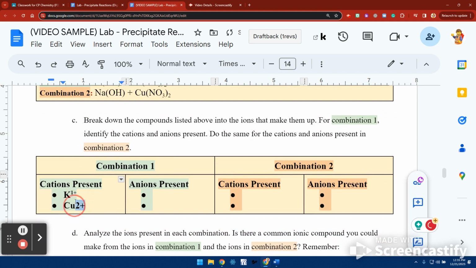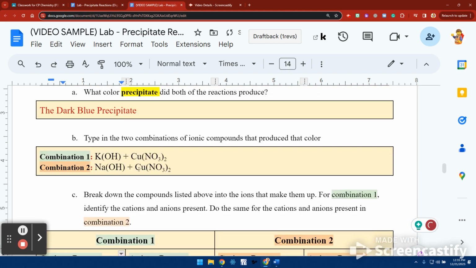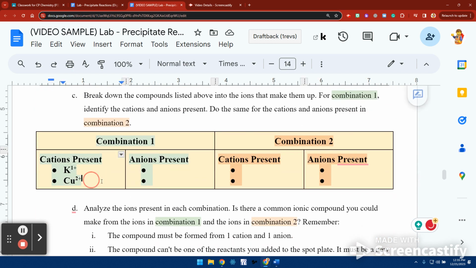All right. By the way, in case you're wondering, how do I know it's a 2+? I know it's a 2+ copper because it took 2 nitrates to cancel out the charge. So those are the 2 positive, aka cations, present.